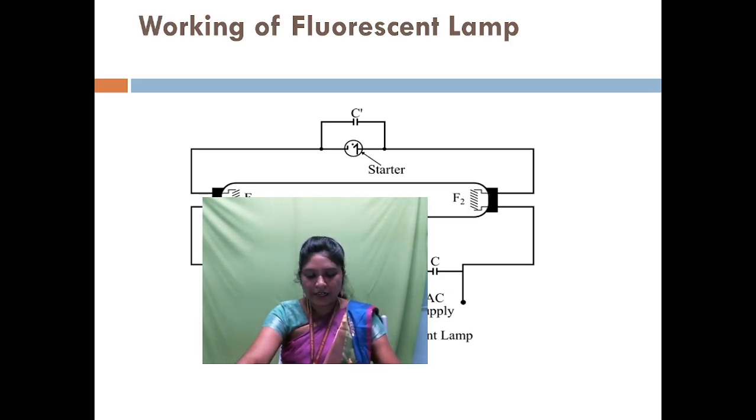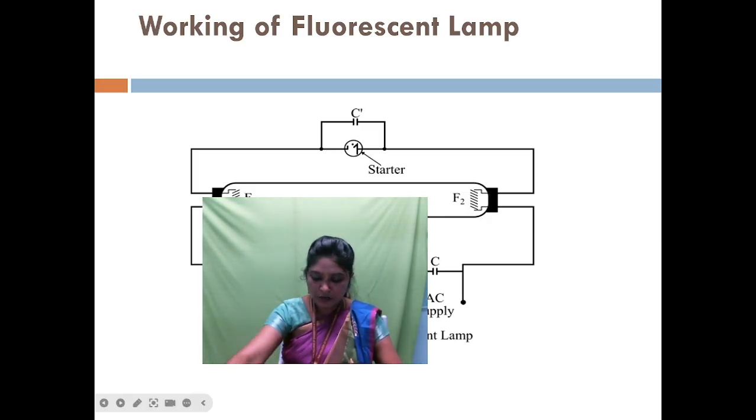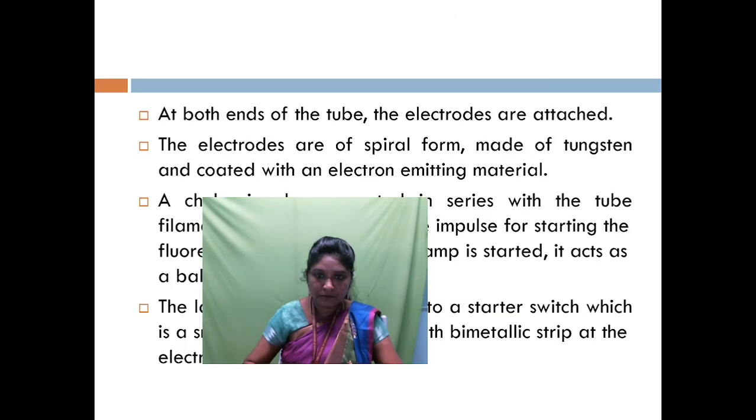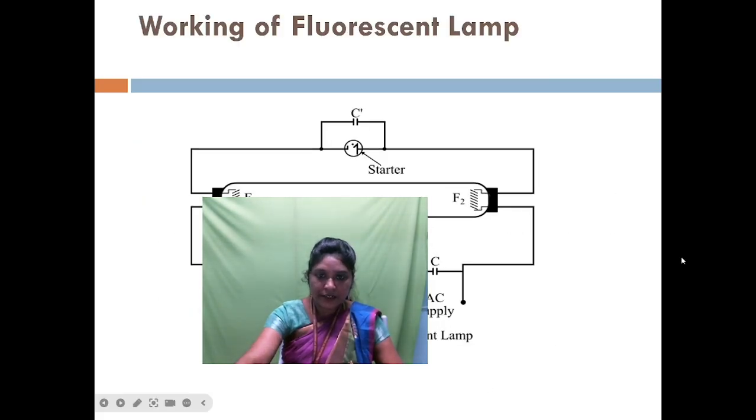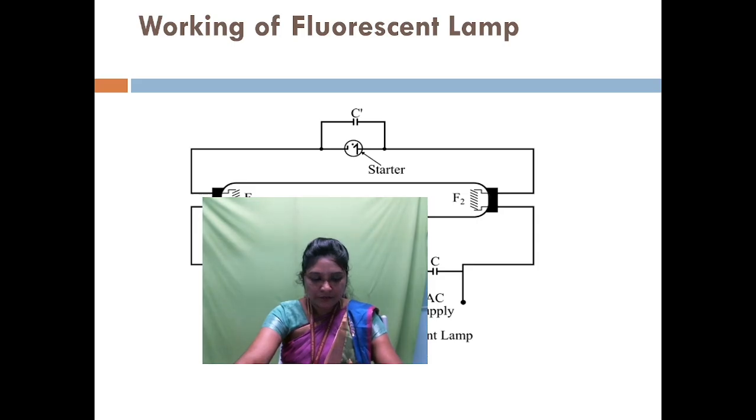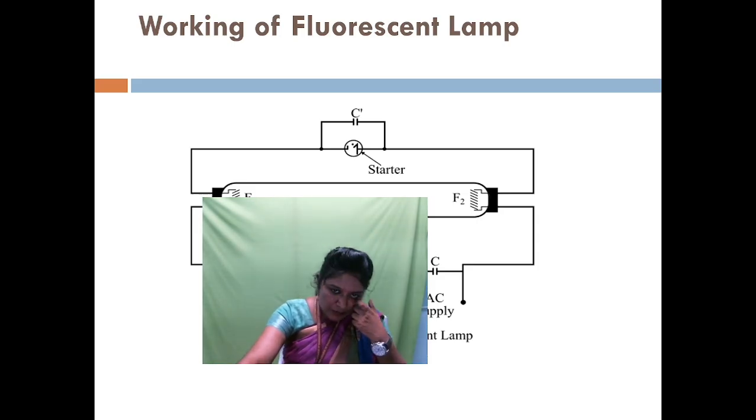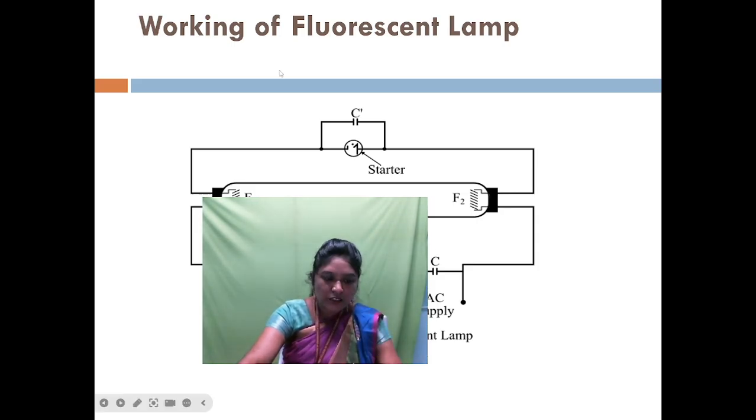The lamp filament is connected to the starter switch, which is a small cathode glow lamp with a bimetallic strip. So we can discuss the working. When the circuit is energized, nearly full voltage is applied across the starter terminals.